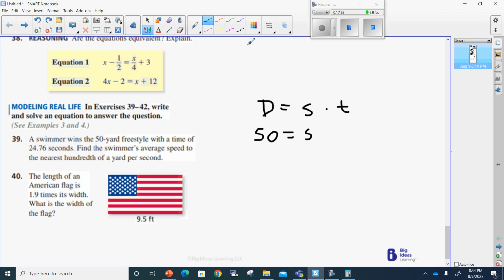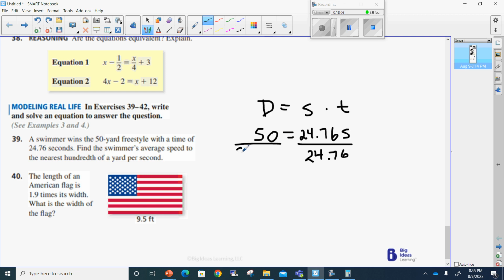So that means I can really rewrite this as 50 equals 24.76 times S. Now to get S by itself, I have to do the opposite of the operations. Right now this is multiplication, so I'm going to divide by 24.76 from 24.76S.